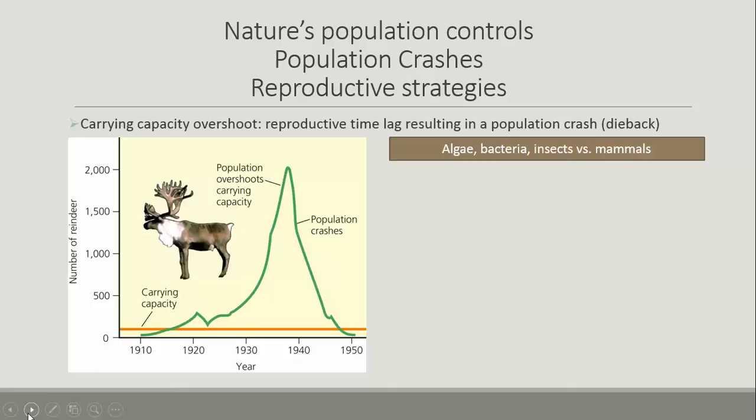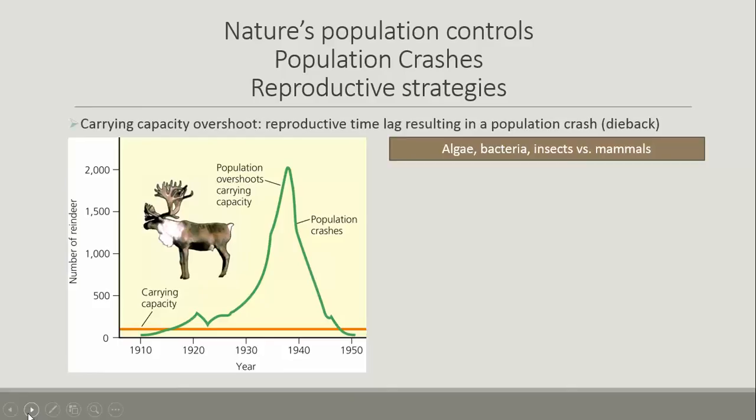With mammals, however, the mammals have a reproductive strategy where the young develop inside their mothers where they're safe. They are born fairly large. After birth, they're going to mature slowly. They're cared for and protected by one or both parents. In some cases, they live in herds or groups until they reach reproductive age, and then the cycle begins again.